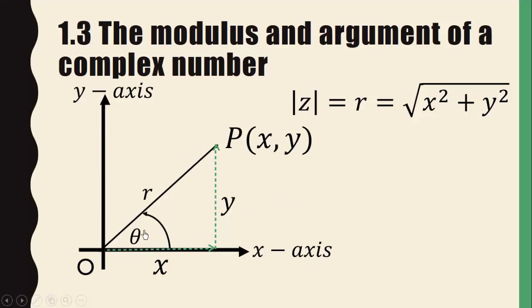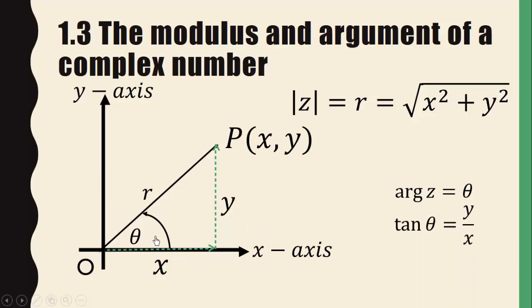Now we have an angle that is formed with the positive x-axis over here, and that angle is called the argument of the complex number. This is the argument, and r is the mod z, the modulus of the complex number. Now we can find this using trigonometry.